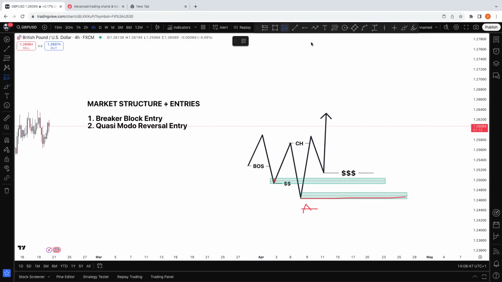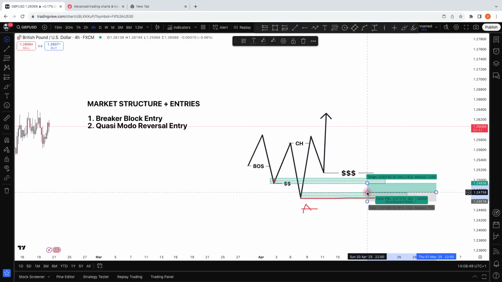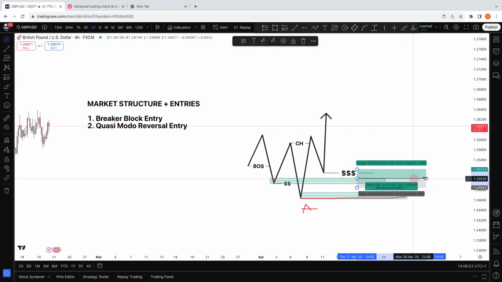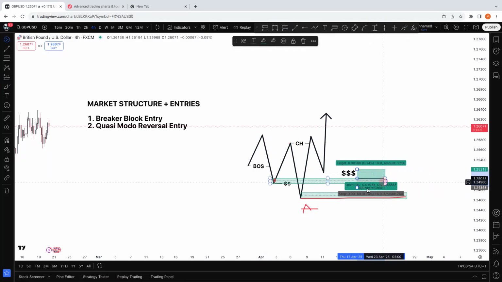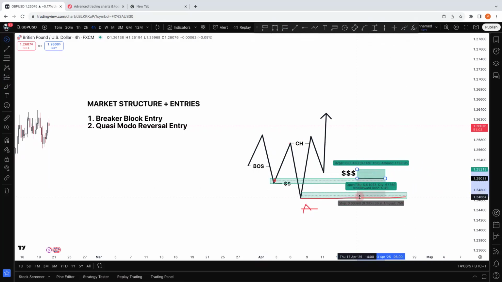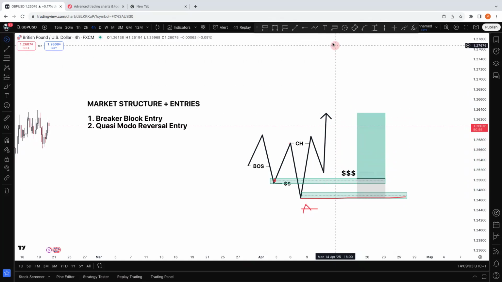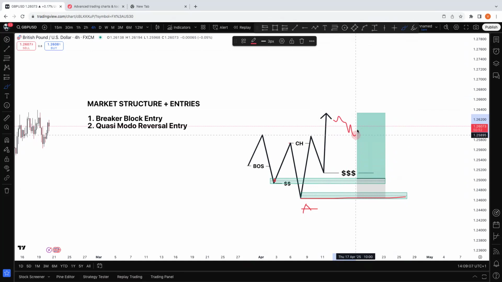So what are we going to do? Instead of placing our buy position at this order block, we are going to place it at this Quasimodo here and take our stop loss to the low here, and then we target this high, right? And what is our anticipation? That price is going to come back to do something like this, give us a good trade, and then boom, to the upside, right?